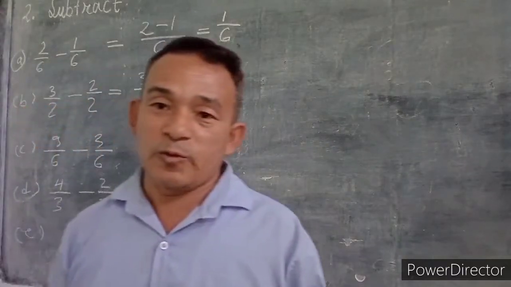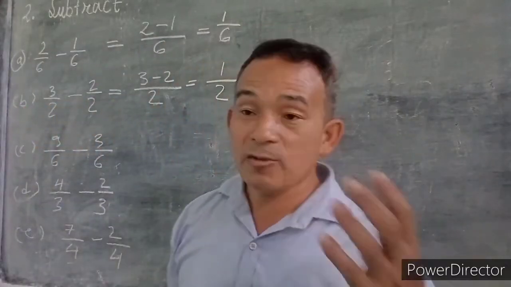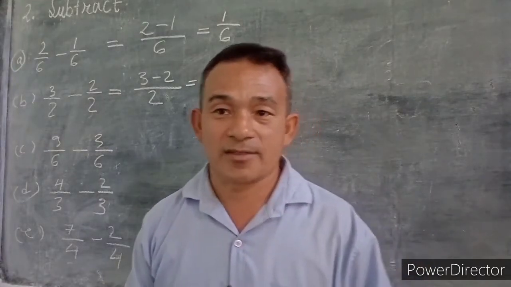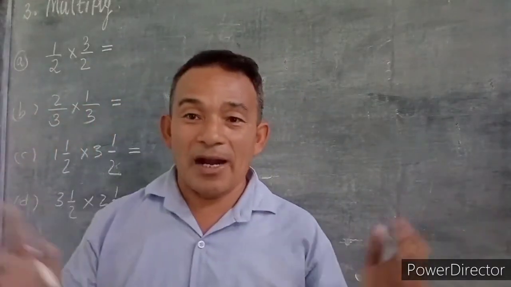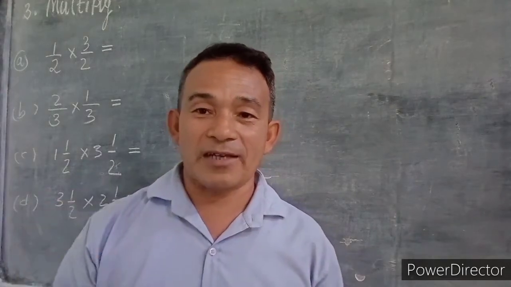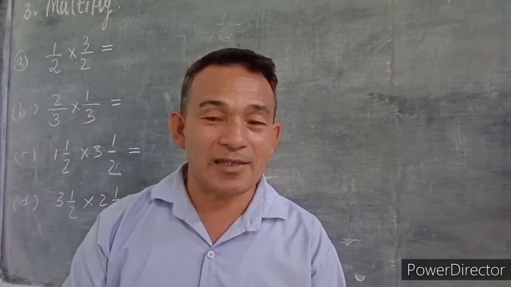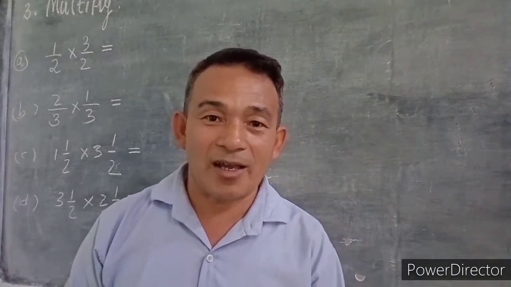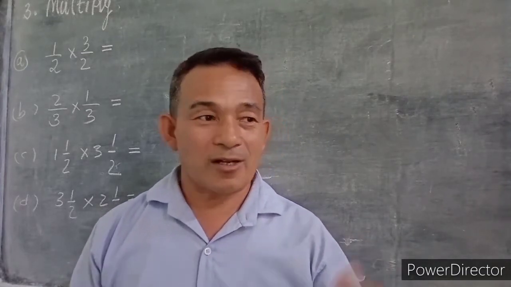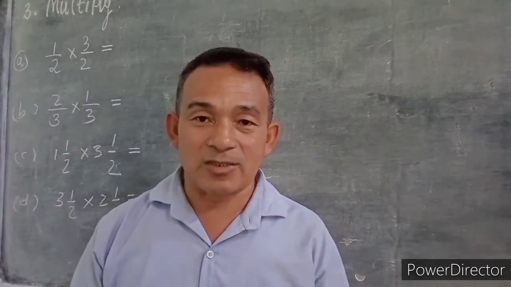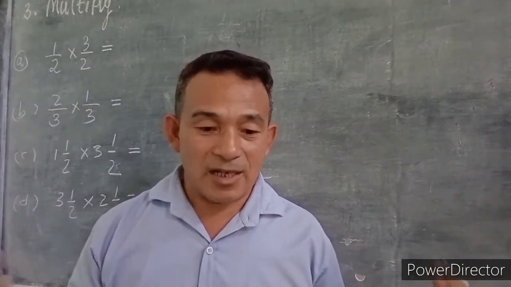Now I will move on to teach you how to multiply fractional numbers. In multiplication of fractional numbers, you do not need to see whether the fractions are like fractions or unlike fractions, whether they have a common denominator or numerator. It doesn't matter.